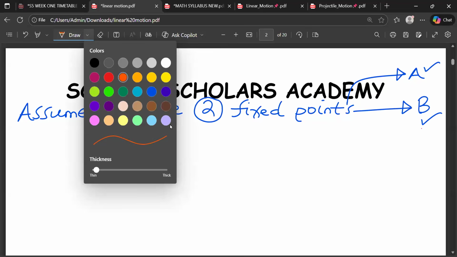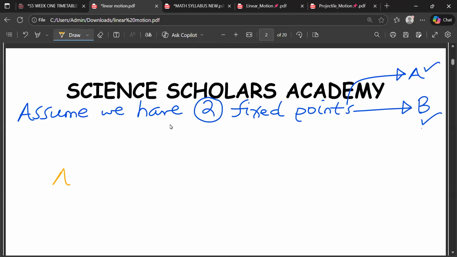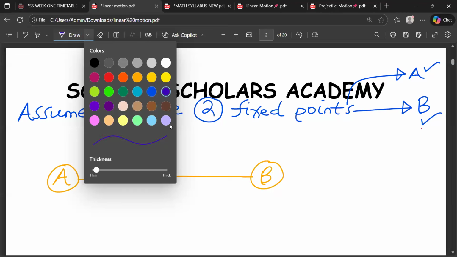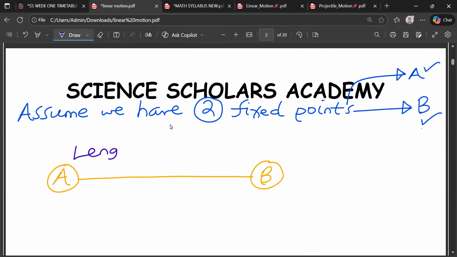So you're having your point A here, fixed point, you're also having your B here, fixed point. So we have that length. And I'm going to let you know that the length between A and B is what they call distance.